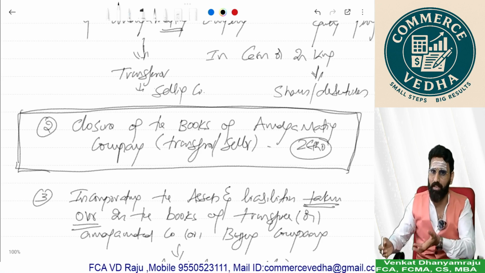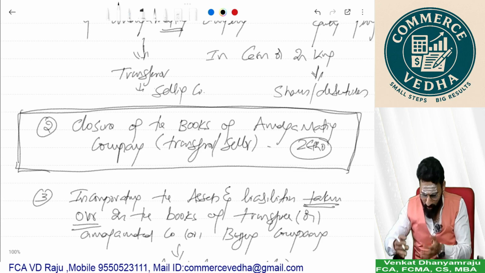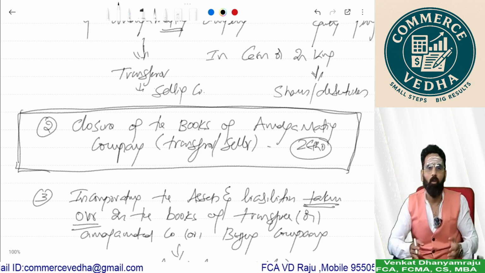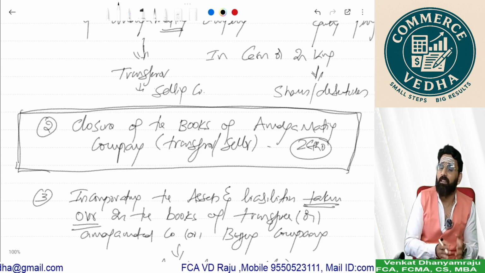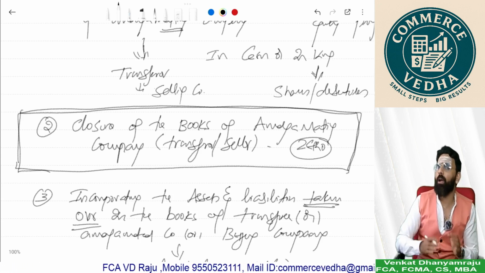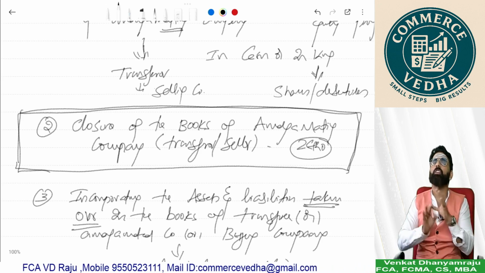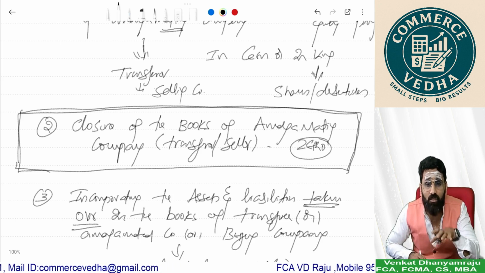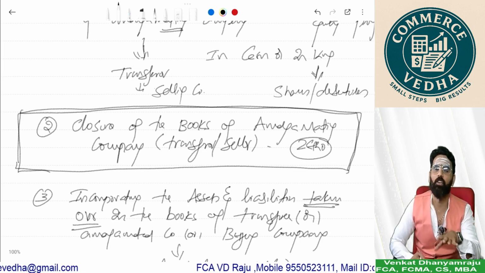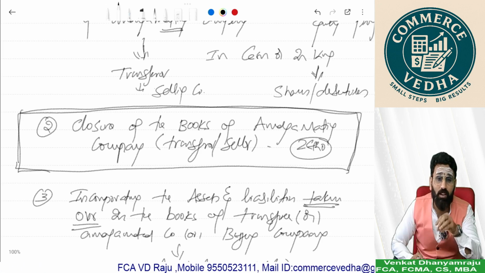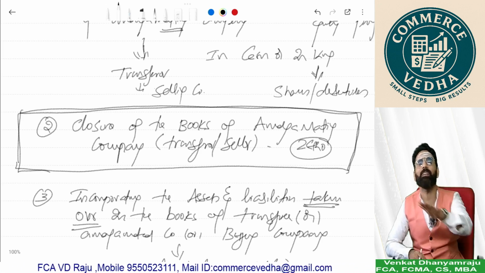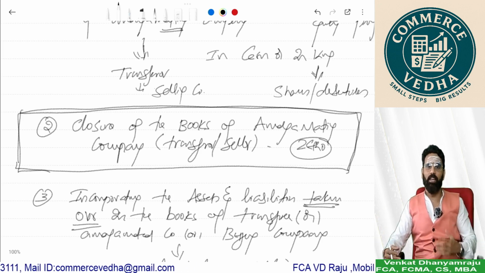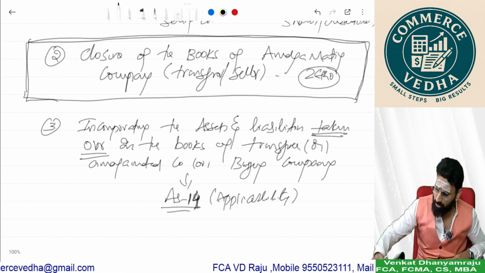Basically the buyer. So whatever the buyer does, AS 14 is applicable. Whatever the seller does, the seller is winding up, so generally a realization method of accounting should be followed. Why? Because the seller is no more a going concern. We will discuss the realization method in detail when we discuss the second step.